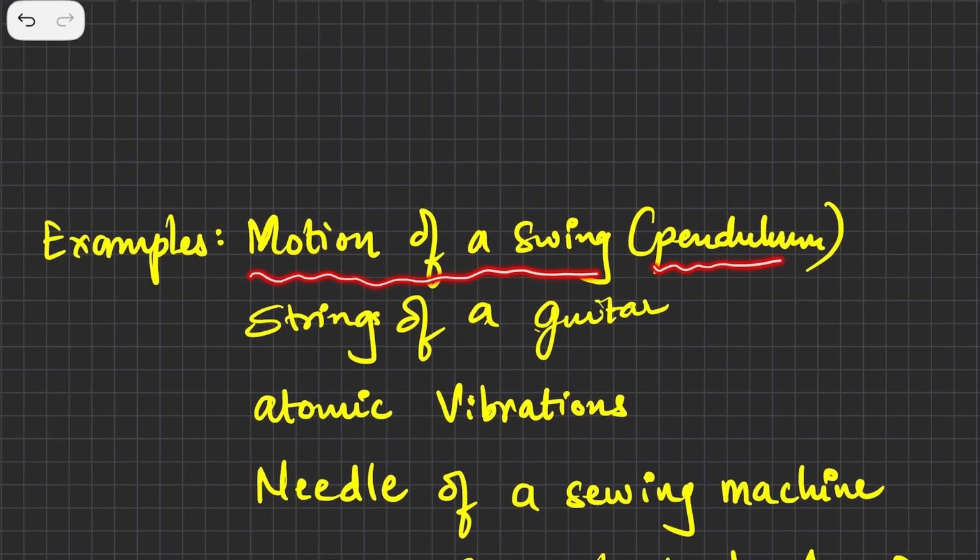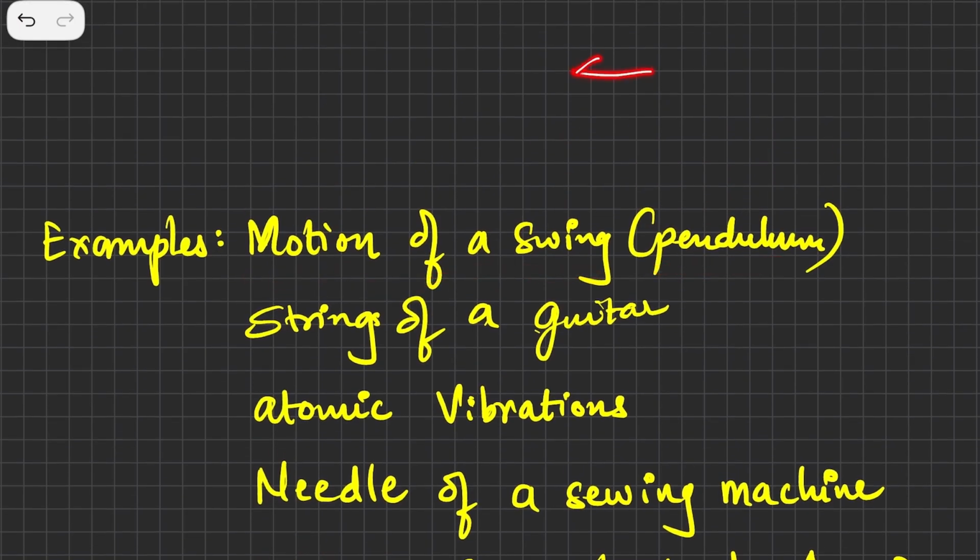A pendulum hangs from a rigid support, with a string and a heavy bob hanging on it, and it keeps going back and forth. So the motion of a swing or a pendulum is an example of oscillation.